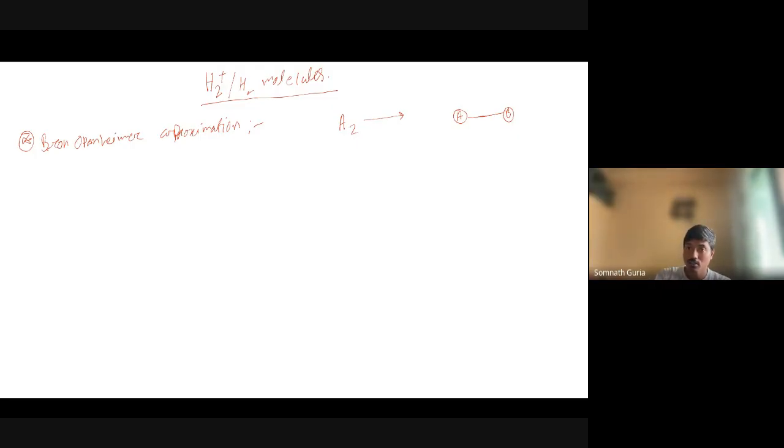So what we consider is that the nucleus is rigid, followed by whatever eigenfunction we are solving for the electron. The nucleus is rigid.